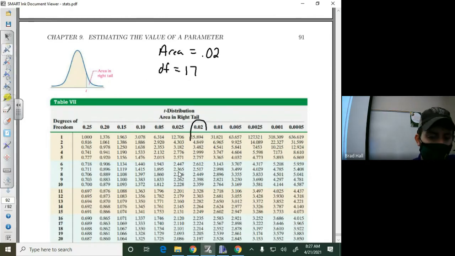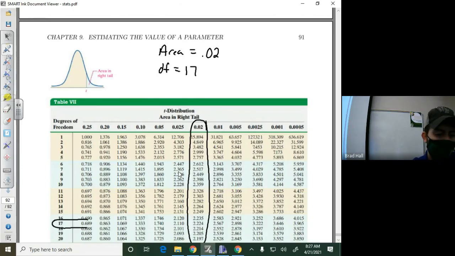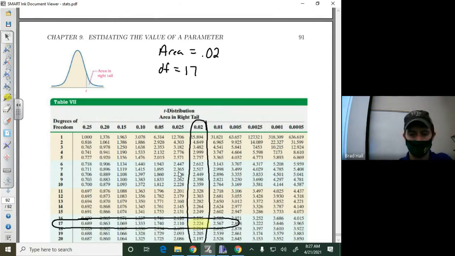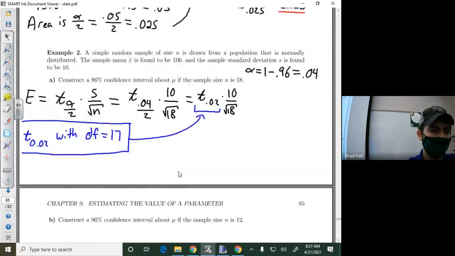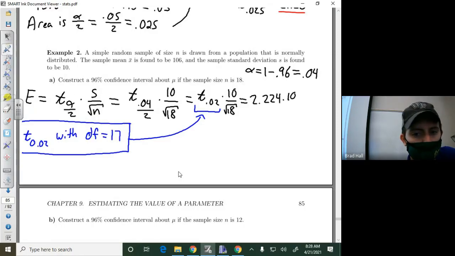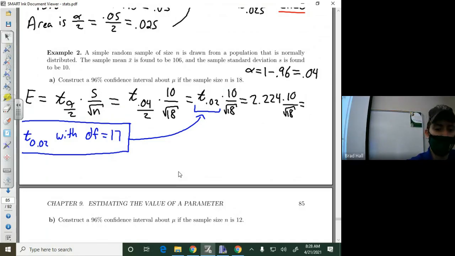So 0.02 and 17. And we get 2.224. So we can go ahead and plug that in up above. 2.224 times 10 divided by the square root of 18, and we'll get some number out of that, and that will be the error.